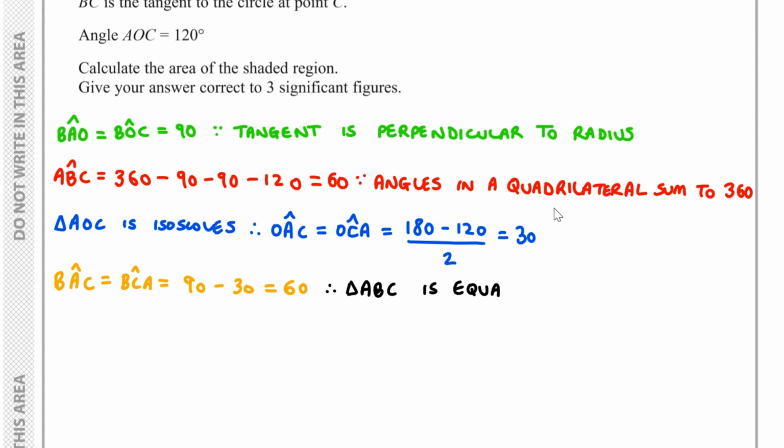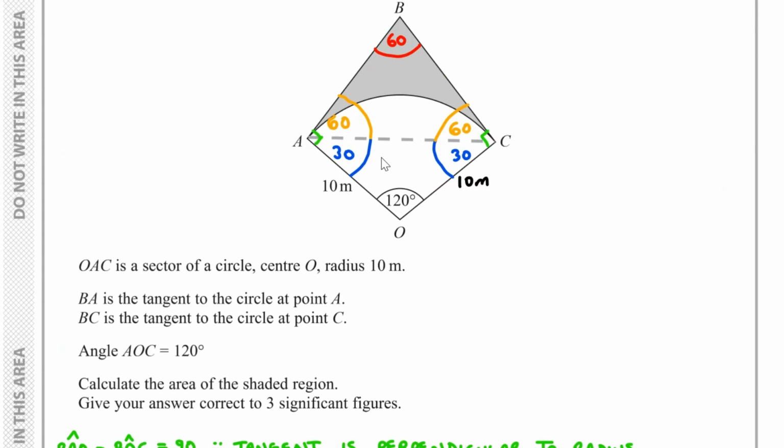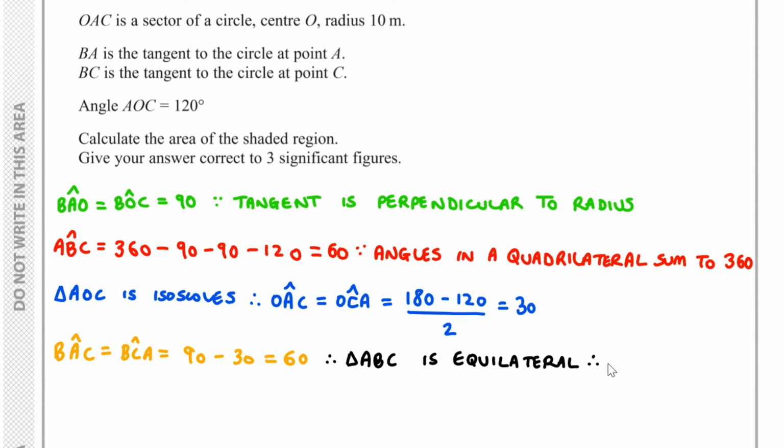Okay, so here we've got an equilateral triangle. So that means that AC is equal to AB, which is equal to BC.